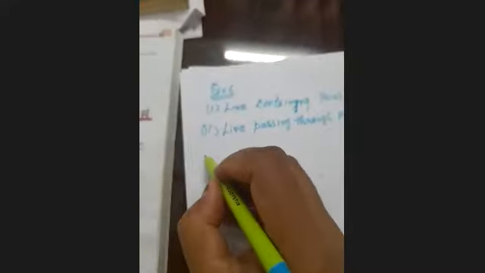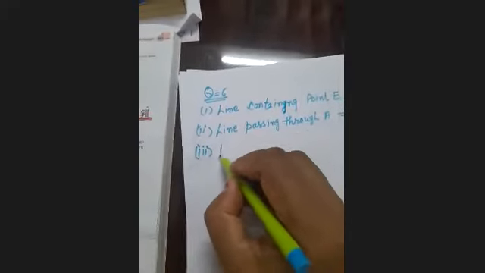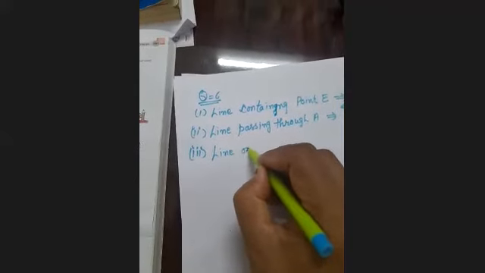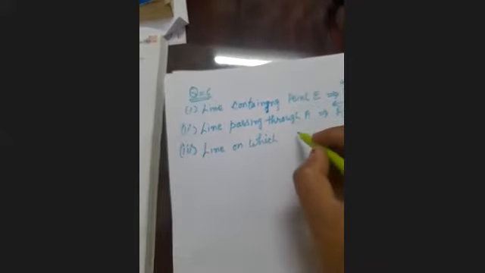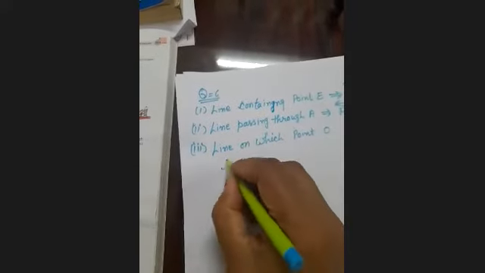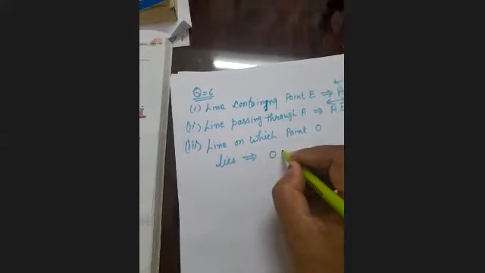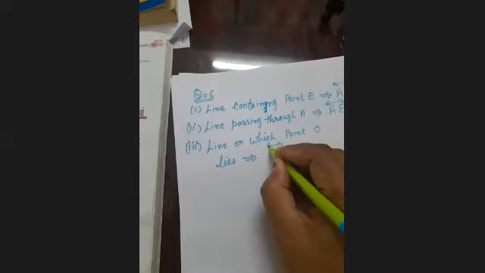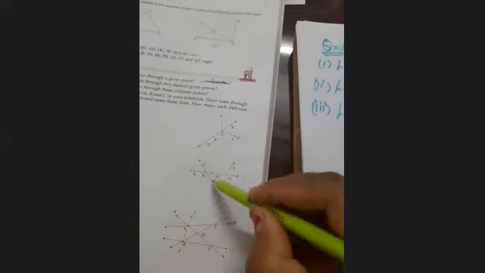Third is the line on which point O lies. That is line OC. This is point O, and point O lies on line OC.